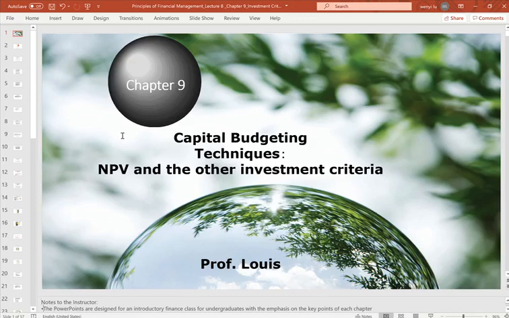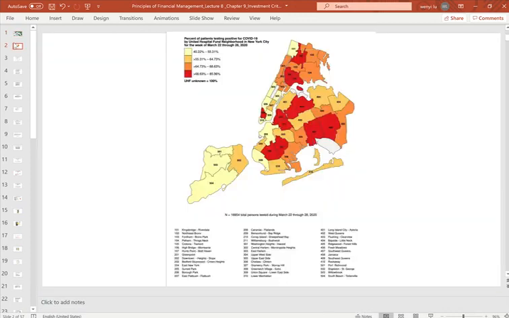Before we go to the formal lecture, let me show you some updates on COVID-19 in New York City. This picture shows the percent of patients testing positive for COVID-19 in different neighborhoods in New York City between March 22 and March 28, so that's for this week. You can see the color for different areas. The darker the color, the higher the percent of patients testing positive.